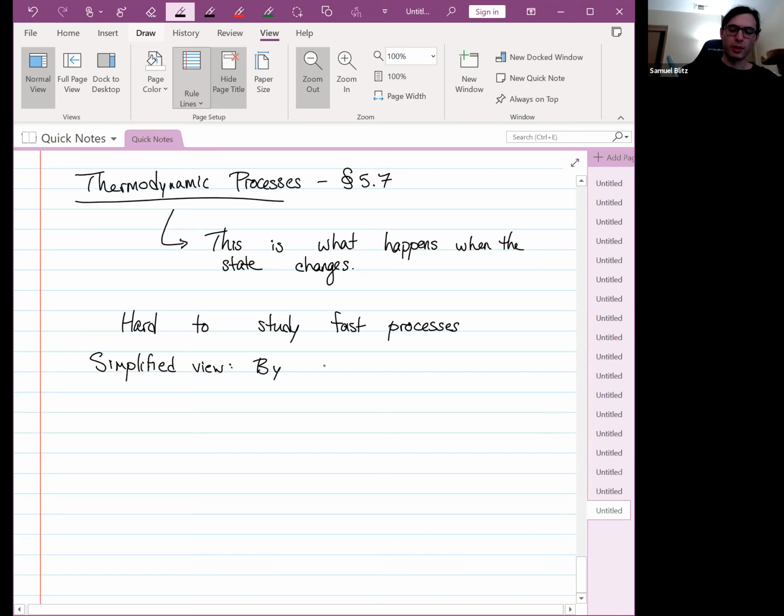By studying slow processes, we can treat these processes as always being in equilibrium, or always passing through equilibrium states.